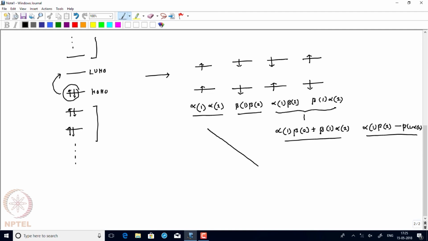So these three are basically symmetric spin parts, and this is the antisymmetric spin part. These three symmetric spin parts form a triplet, and that is the triplet state of the molecule, and this forms a singlet state in the molecule.